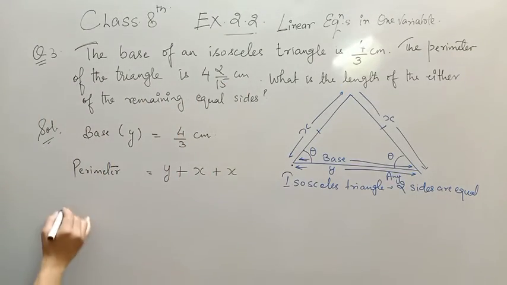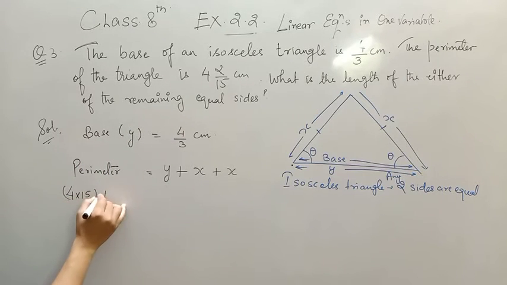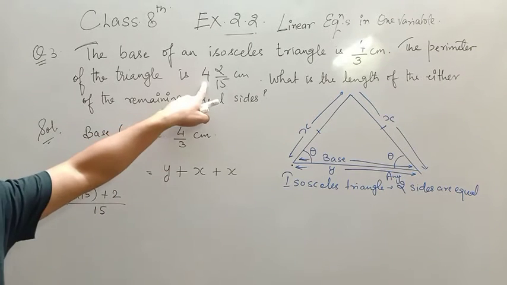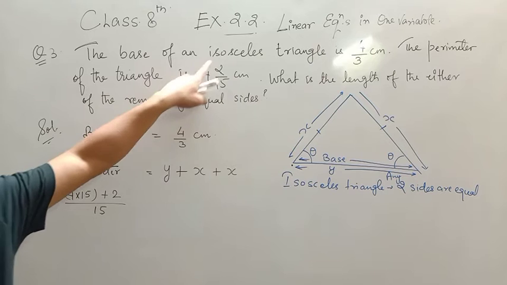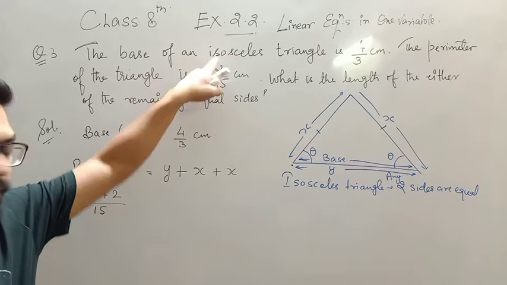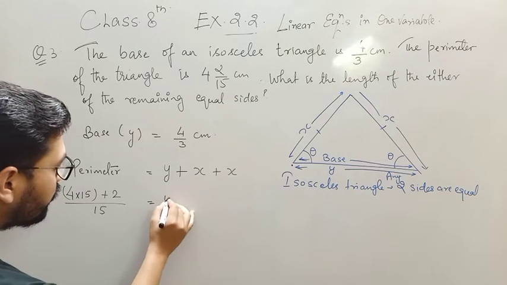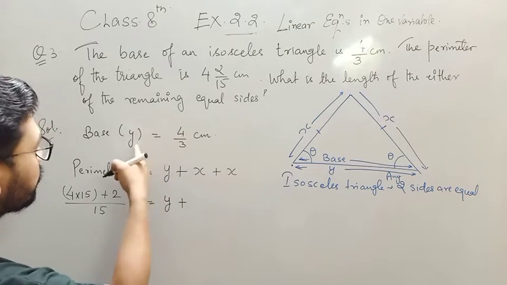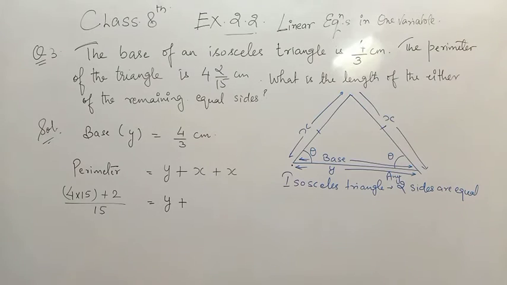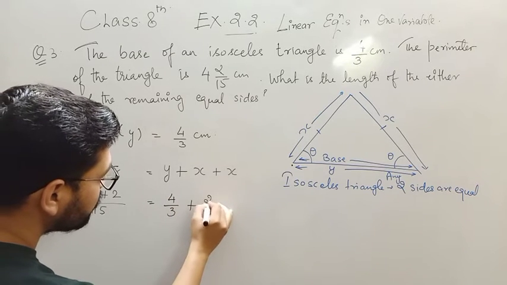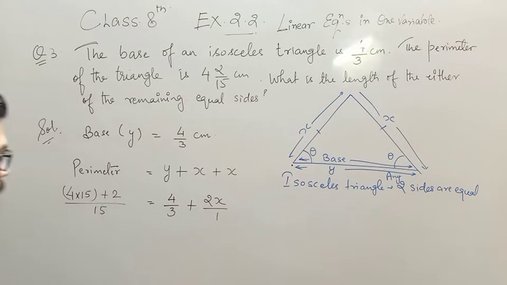which can also be written as 4 into 15 plus 2 divided by 15. Because this is a mixed fraction, 15 into 4 plus 2 is equal to 62. This is equal to y plus 2x, and y is given as 4 upon 3, and we need to find the value of x.